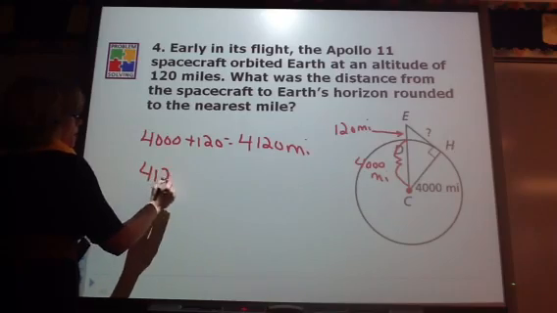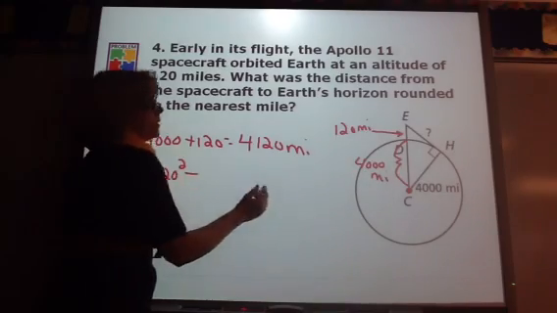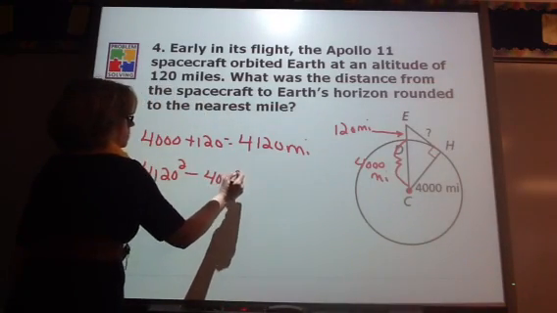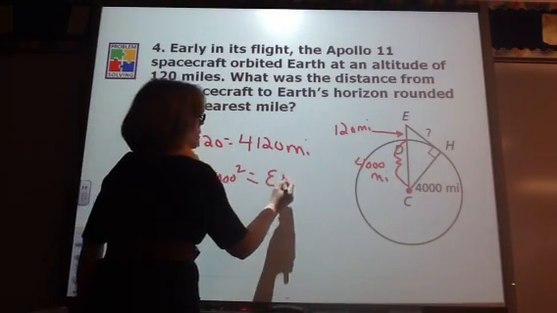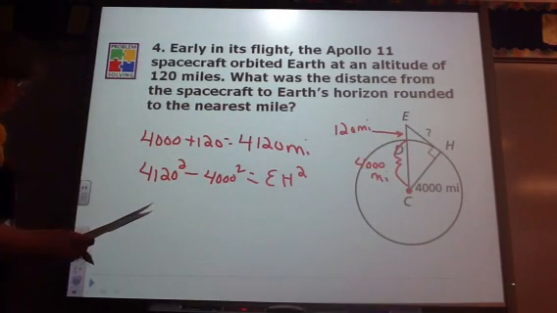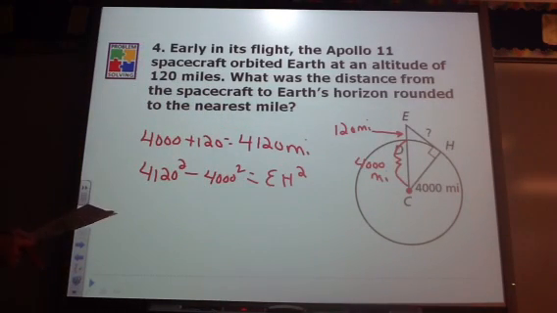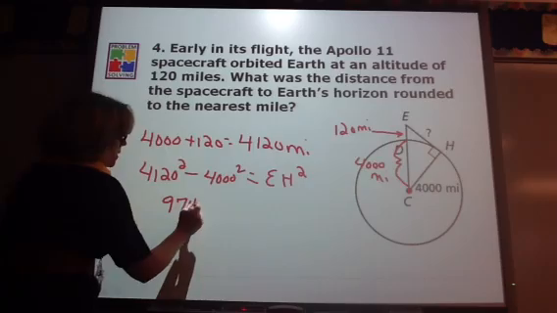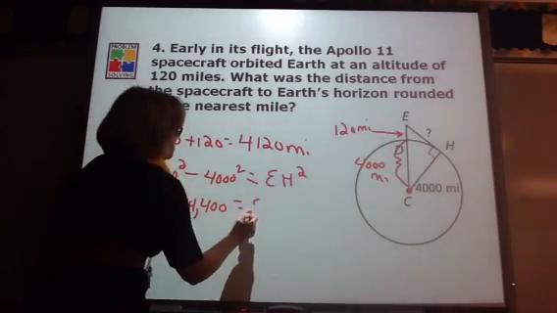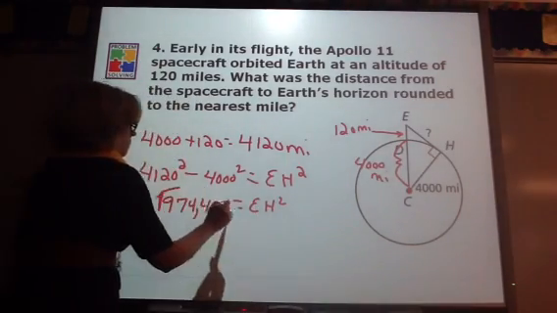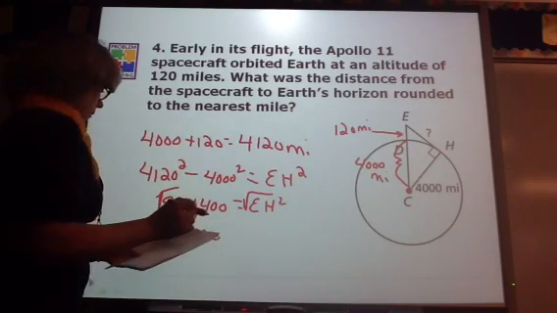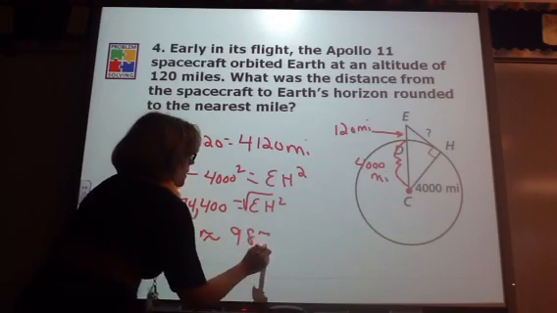So EC is 4,120 squared minus this leg here, HC. And it will give me what I'm looking for. Okay, so this is going to simplify to 974,400. We need to round to the nearest mile, 987 miles.